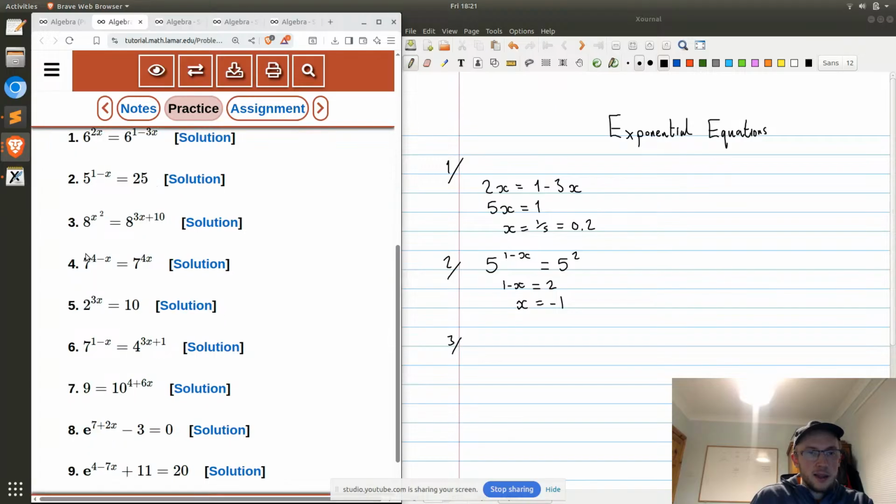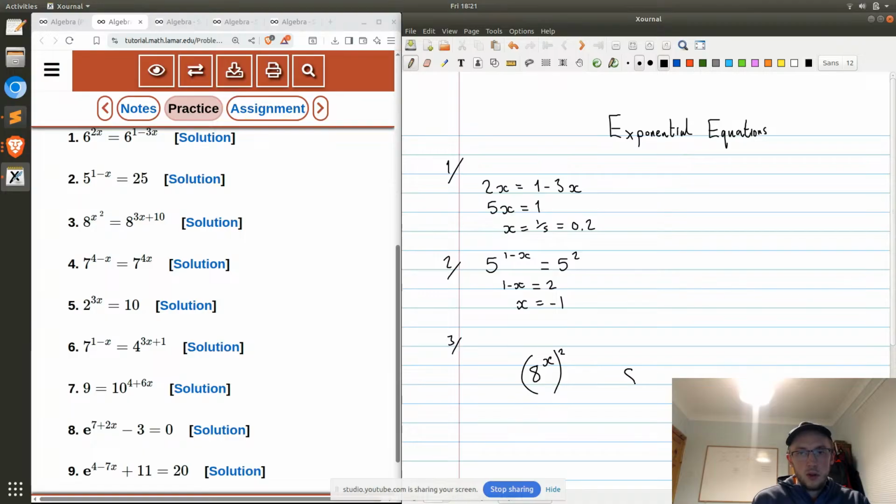Okay, so I think this is saying 8 to the power of x squared equals 8 to the 3x plus 10. Now, you might say, wait, how do I know if it's this or this? Like, which one is it?